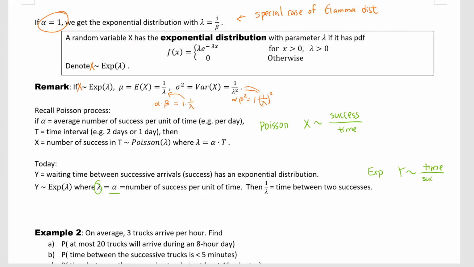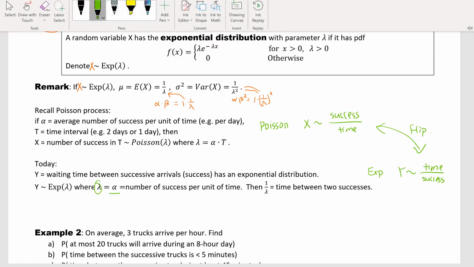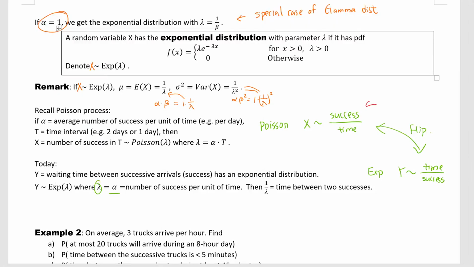You can see it's like they flip. If you ask for the number of successes per unit of time, that's the Poisson distribution. If you ask for the time between two successes, that is the exponential distribution. The Poisson is a discrete random variable, whereas the exponential distribution is about time, so it's a continuous random variable.